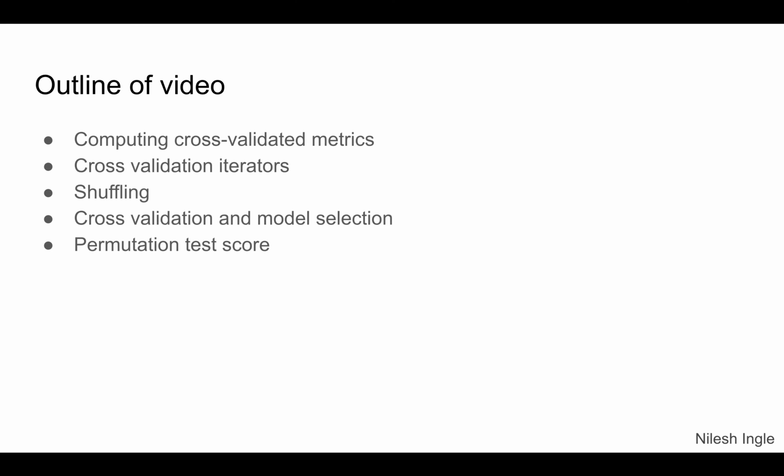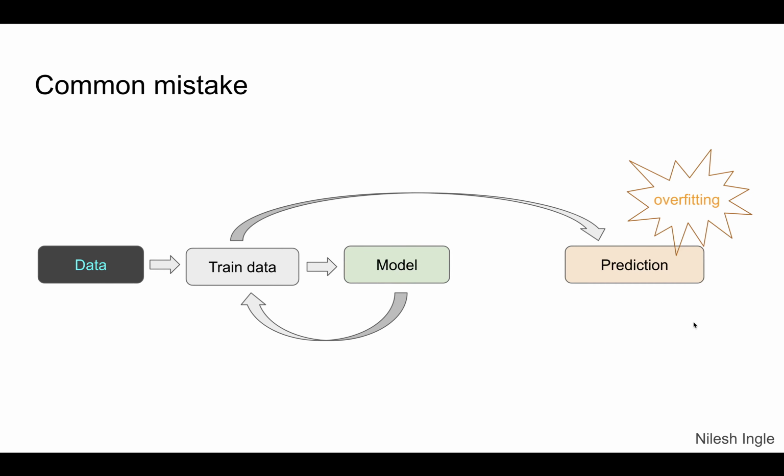So, let's get started. One of the common mistakes while training a model is training the model on the entire data set. So the entire data set is used as a train set rather than splitting it into a train and test set. If the model is trained on the entire data set as a train data set, then it can lead to overfitting.